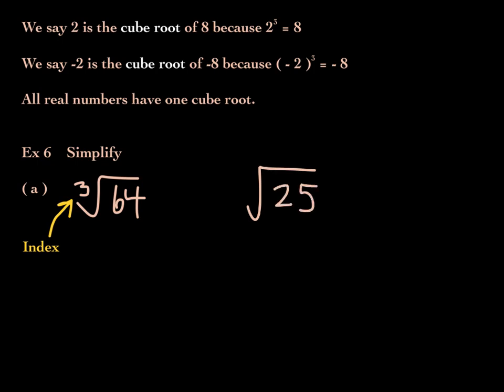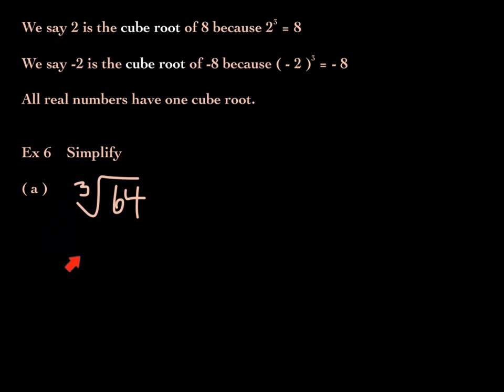It's just not written. Whenever you're talking about a square root, the index is 2. But whenever the index is 2, it's just not written. We choose to omit it, and just assume that it's there. So I'm going to erase that. So just know that whenever you're talking about a square root, the index is 2. It's understood to be 2. When the index is something other than 2, it must be written.